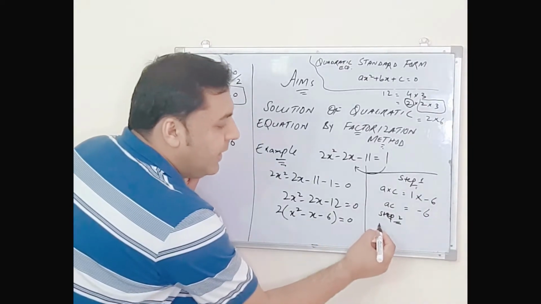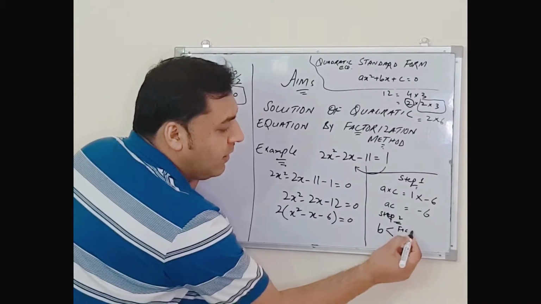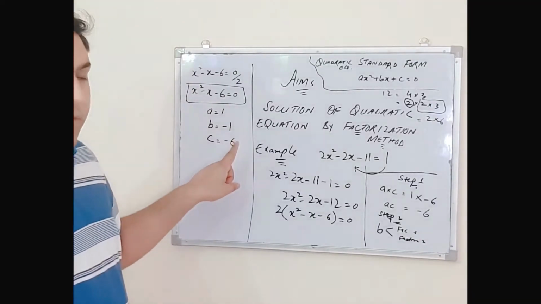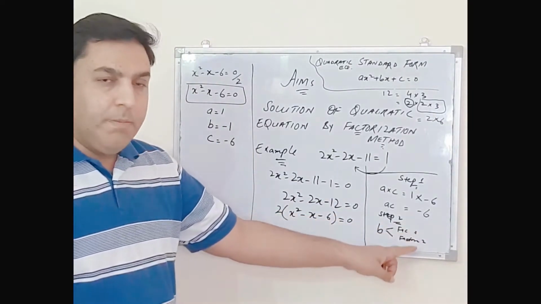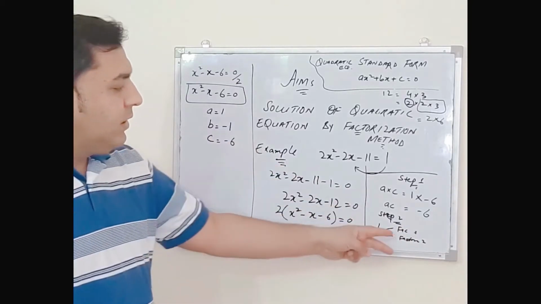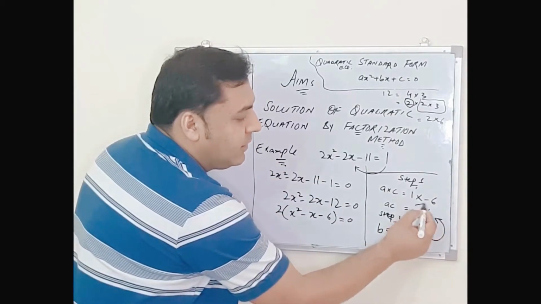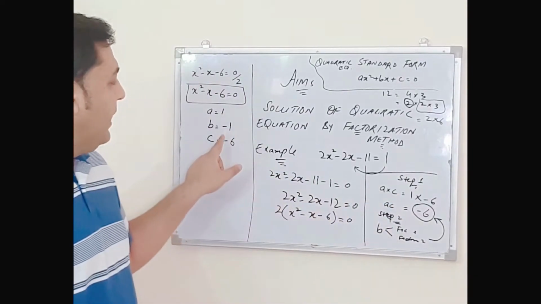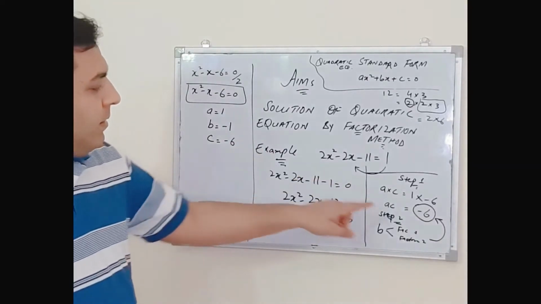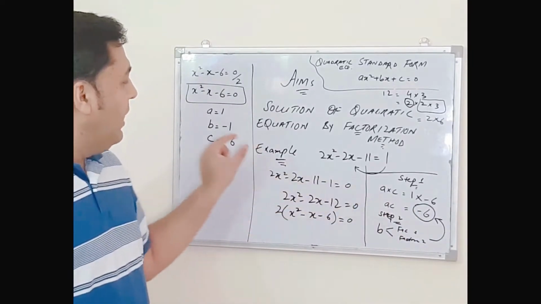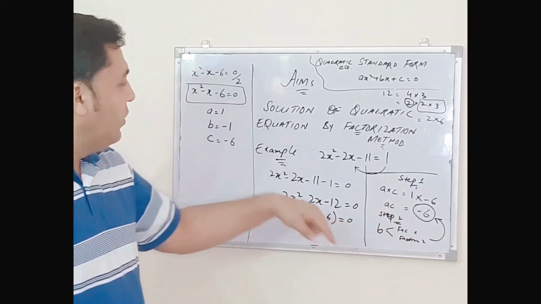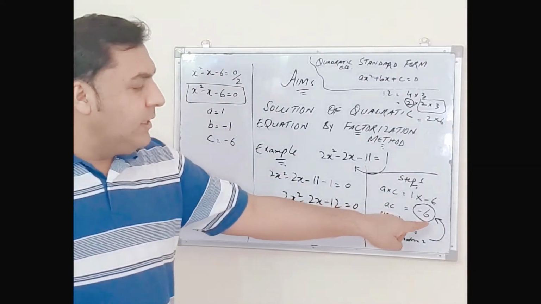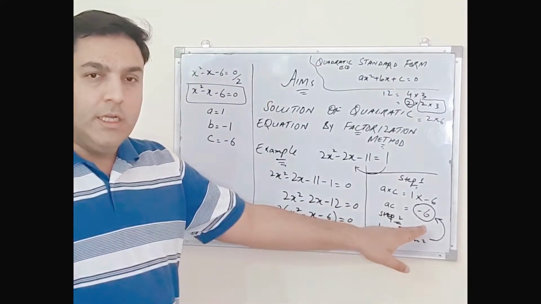So I will split b into two factors, factor 1 and factor 2, so that when I multiply these two factors, I should get the product ac. And when I add these two factors, I should get back the same b. Here for ac, I must get the product minus 6.